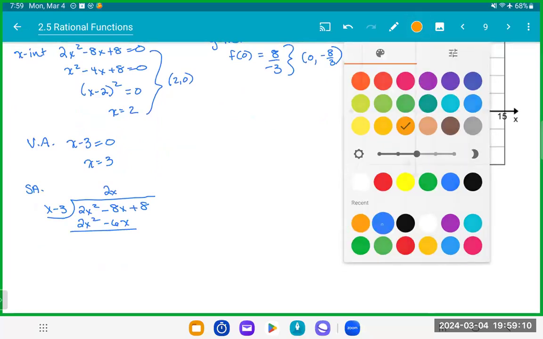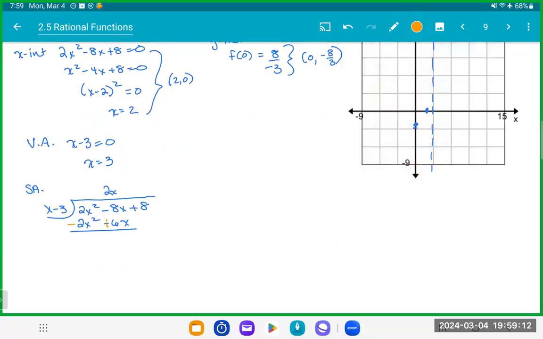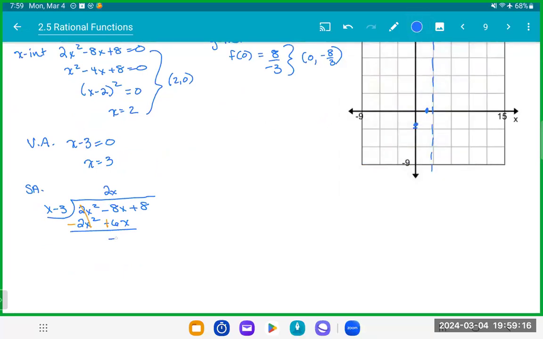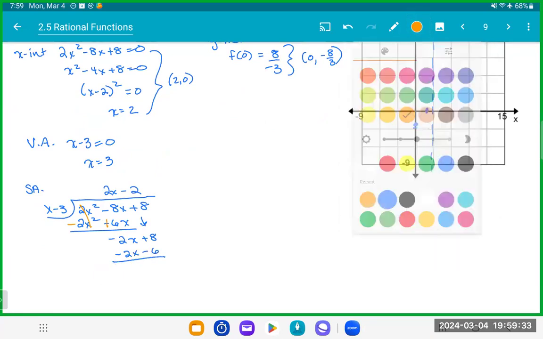Let's change our signs. Those cancel. This leaves me with negative 2x plus 8. So this will be negative 2. That gives me negative 2x minus 6. Change our signs.